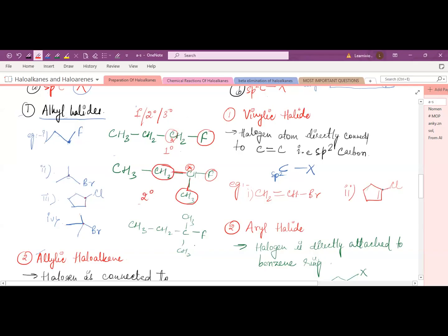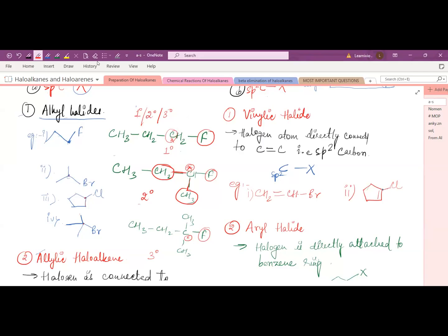Yes. Third one. This halogen group is attached to this carbon. Now check it. This carbon is attached to how many? Three groups. So we call it a 3 degree, tertiary. Now is it clear how to find out the primary, secondary, and tertiary?